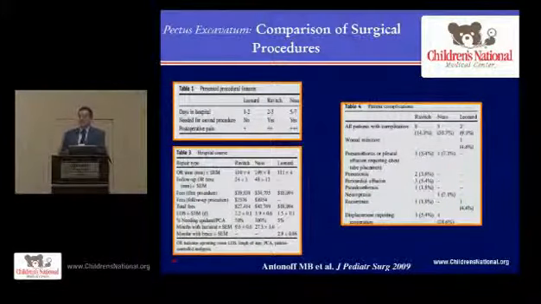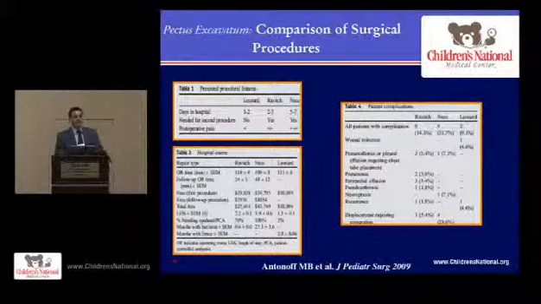Looking at their patients, they concluded that the Nuss is the worst in terms of results, operative time, length of stay, and expense. This is not something that is shared by other institutions.